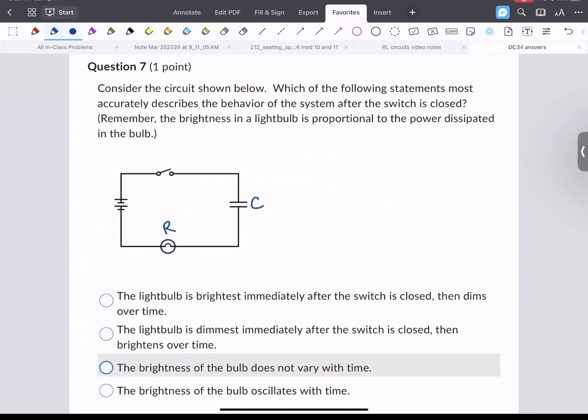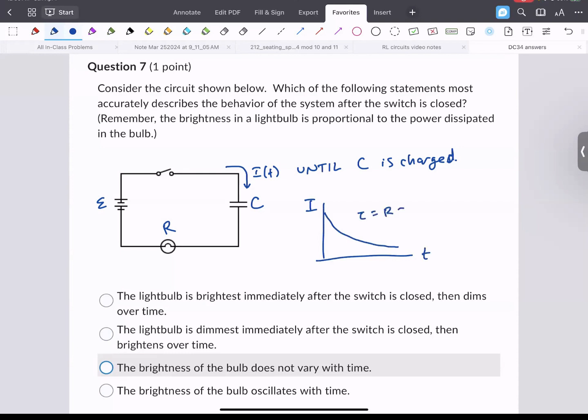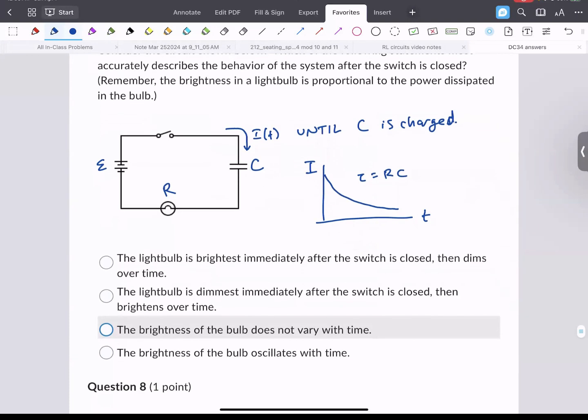When I first close the switch, and I have my source of EMF over here, my current is going to flow until my capacitor is charged. And then at that point, it's going to be like an open circuit. So my current as a function of time is going to decay downwards, and the time constant here was RC. So let's find the answer that matches that. That's what you would do for this problem.